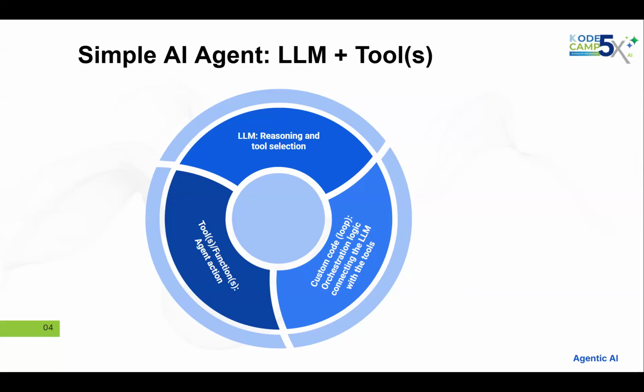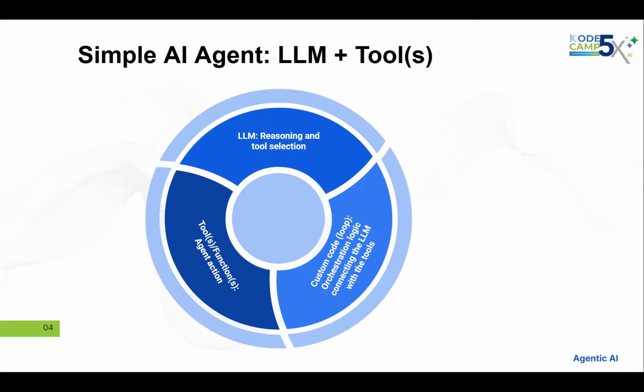Well, we already know that the LLM actually does not call the tool. It really makes a tool call request, right? But let's assume that the mechanism for invoking the tools whenever the LLM requests it is there. Let's just take it as a given. So a simple agent in that case would be the LLM and those tools that it can invoke when it decides that some action should be taken. And in this case, the LLM is the reasoning engine of the agent.